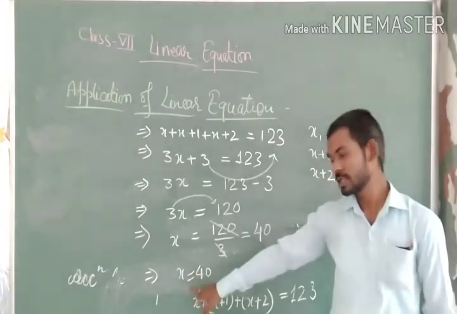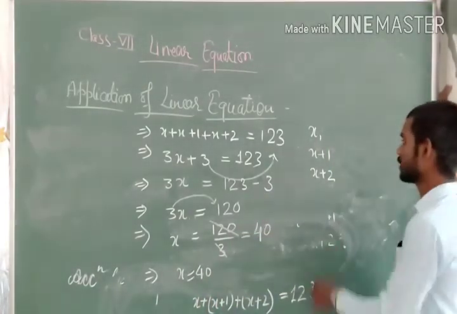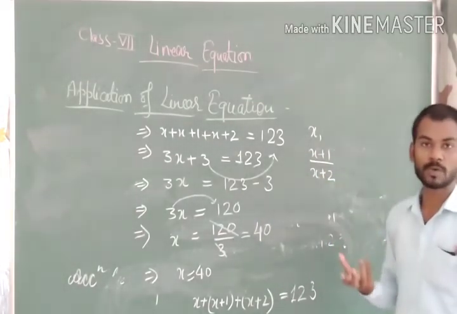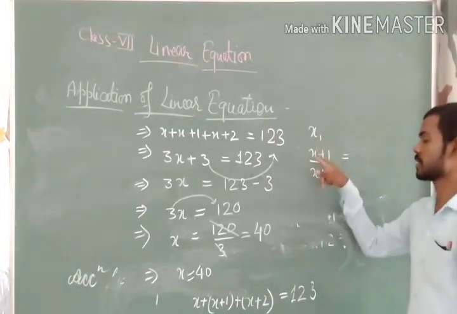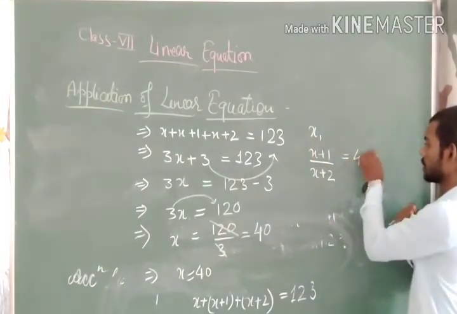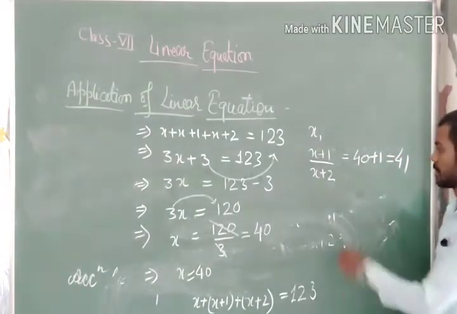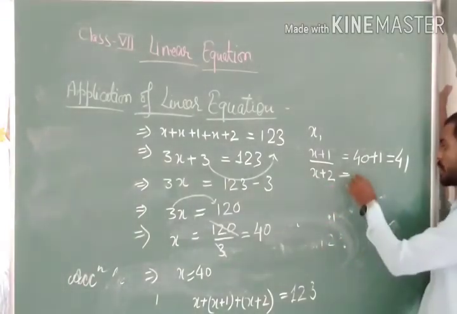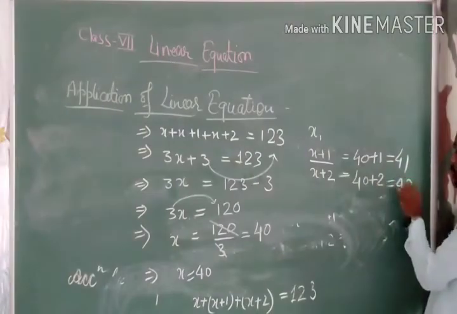So the first integer we obtained is 40. For the second integer we supposed x plus 1. So put the value of x in the place of x, we get 40 plus 1, and this is equal to 41. Similarly, put x is equal to 40 in x plus 2, we get 40 plus 2 is equal to 42.